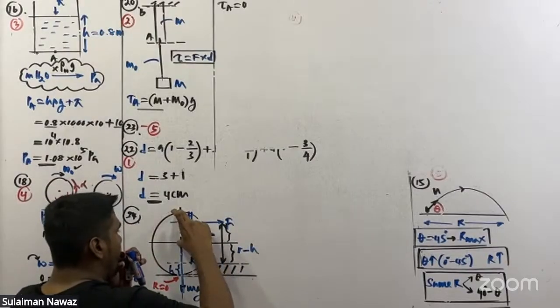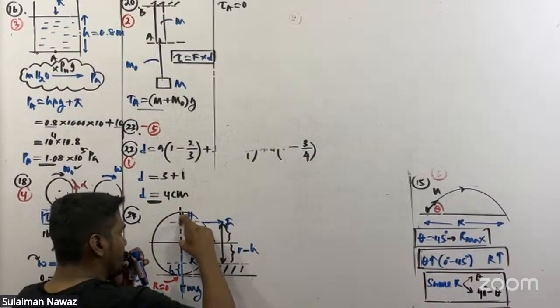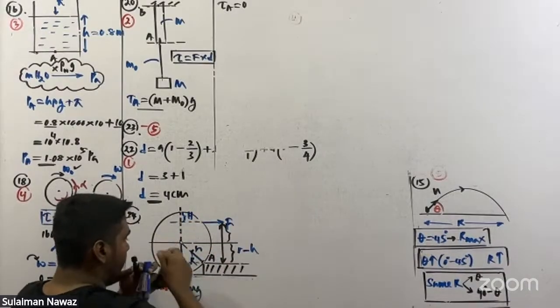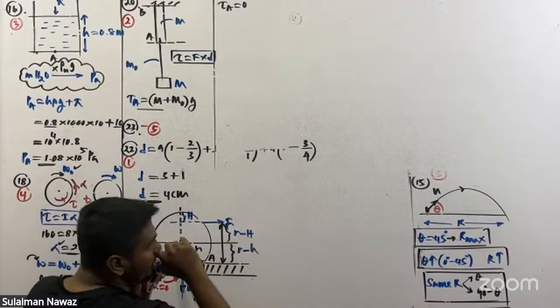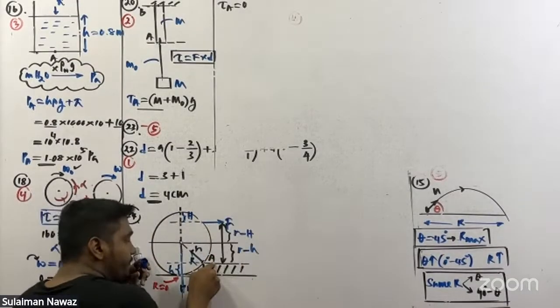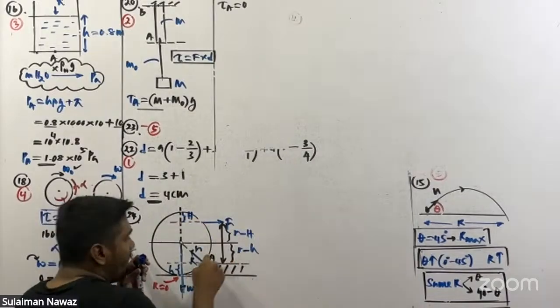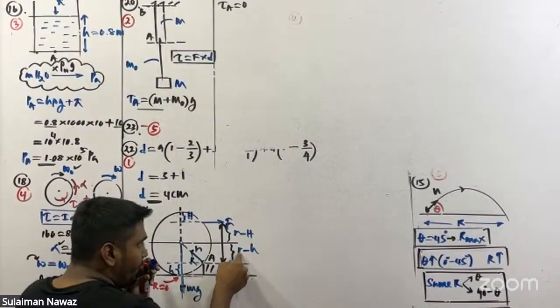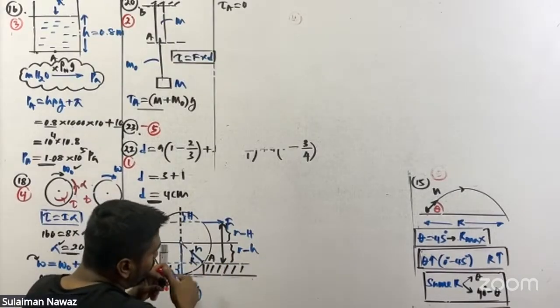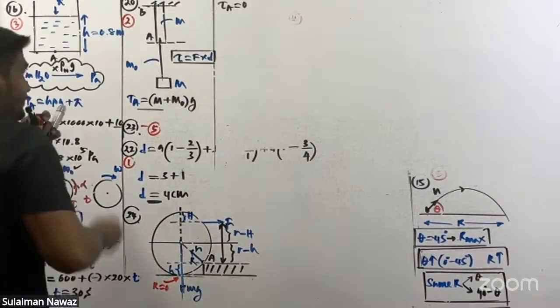This is simple r, the radius from the center to here. This is capital H. This gap is going to be simple r minus capital H. Therefore, the perpendicular distance of force capital F from point capital A is r minus h plus r minus capital H, that is, 2r minus capital H minus simple h.